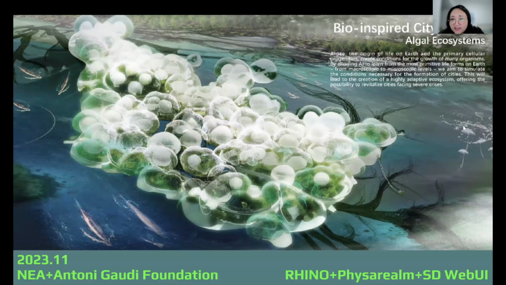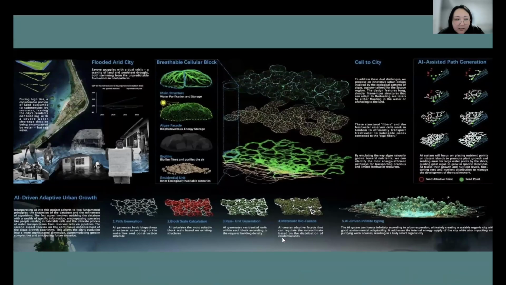In this project, we used the slime mold algorithm to find the most efficient energy transit path for a place that suffers from floods.